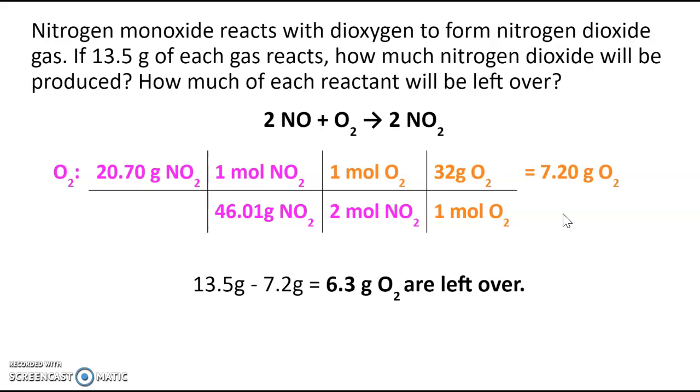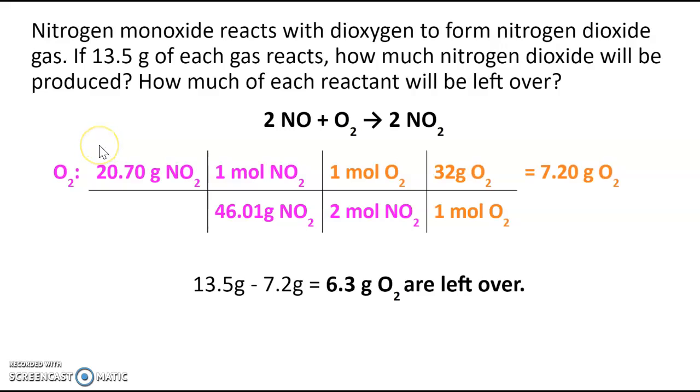We still need to figure out how much of our excess reactant is left over, and so we'll look at oxygen. We'll start with the amount of product we can actually make and figure out how much oxygen we need to use to make it.